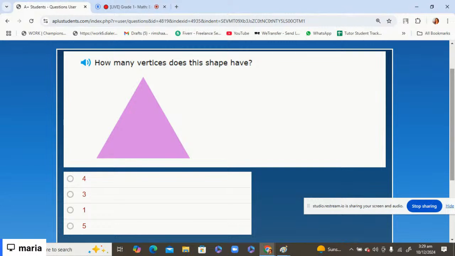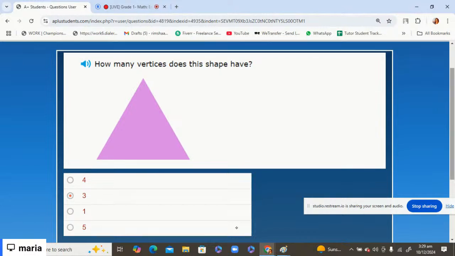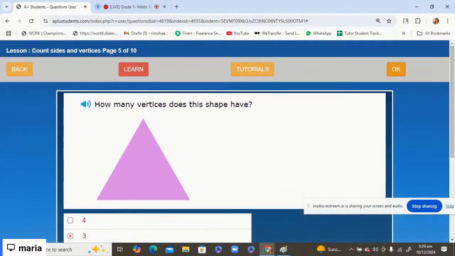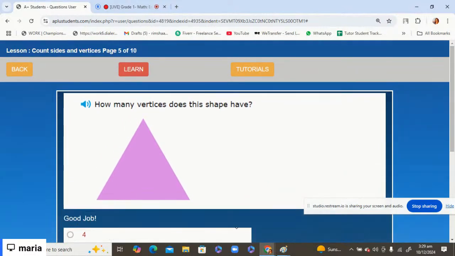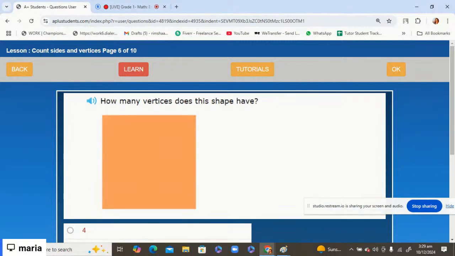Three, four, one, or five? Option two. Okay, very good. It's three. Three vertices. Let's check. Yes, this is the correct answer. Very good.